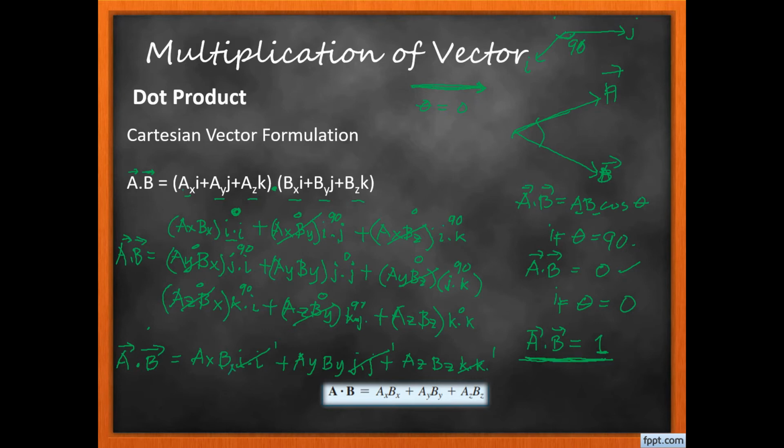So kaya nagkaroon ng formula, yung A dot B pala is equal din sa AX, BX plus AY, BY plus AZ, BZ. So ito lang pala yung tatandaan nating formula kapag yung ating given vector is in Cartesian vector form. So pag naka-Cartesian vector form siya, ang dali nang makuha yung AX, BX, AY, BY, and AZ, BZ ng ating dalawang vector. So tatandaan lang natin itong formula na ito.